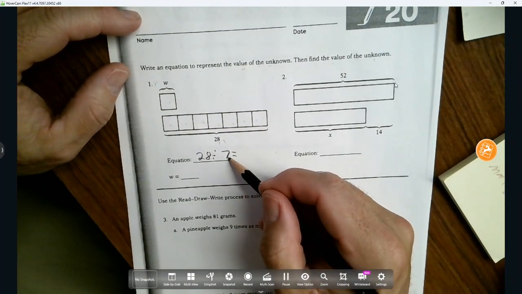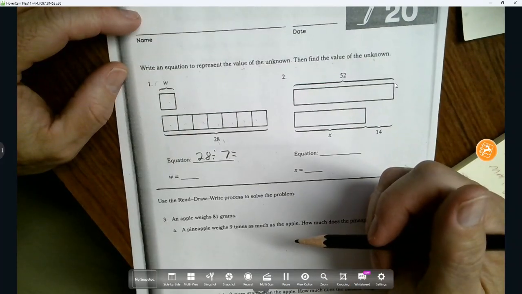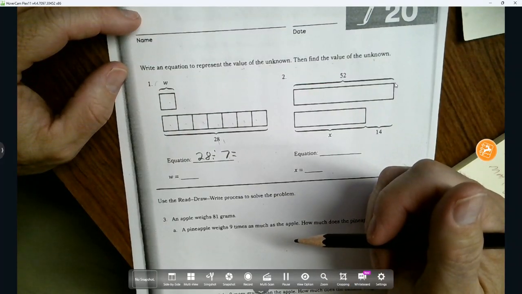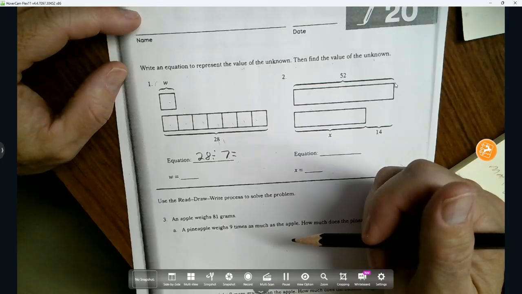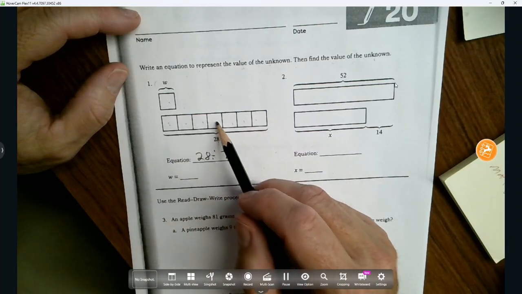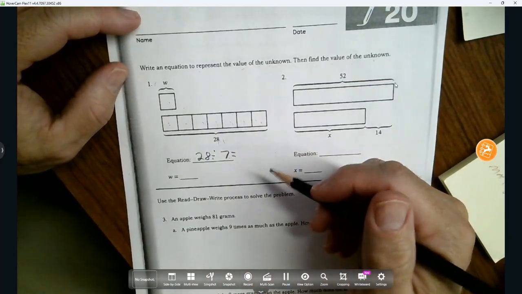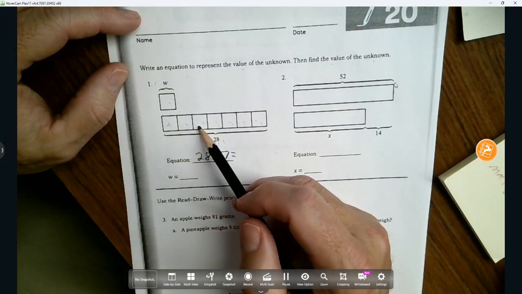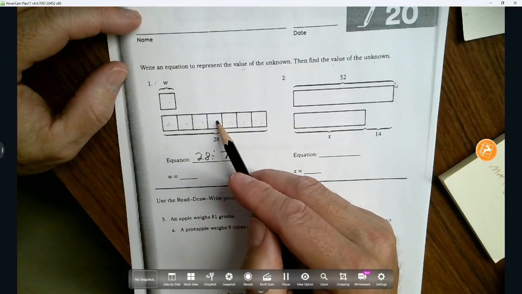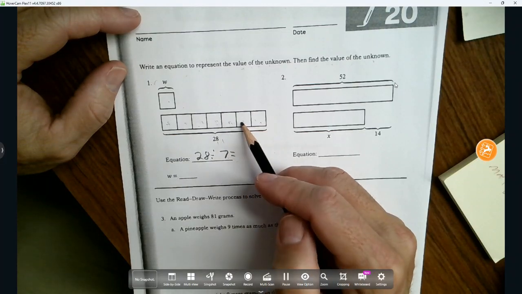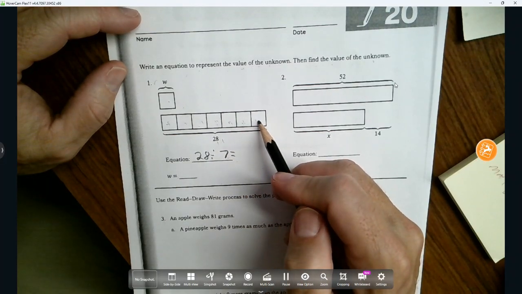I could start adding. Could I add something 7 times? What could I add 7 times? 2, 4, 6, 8, 10, 12, 14? No. 3, 6, 9, 12, 15, 18, 21.